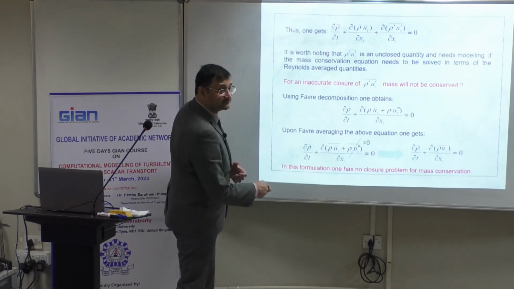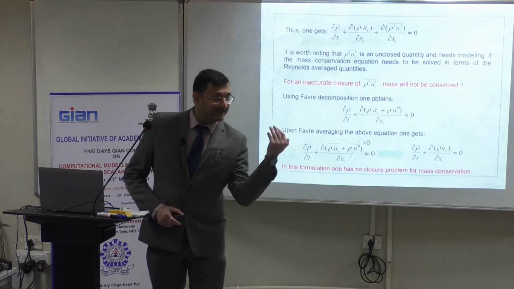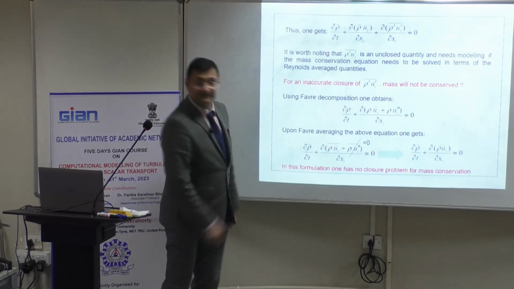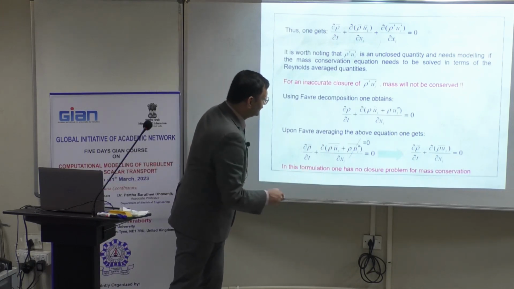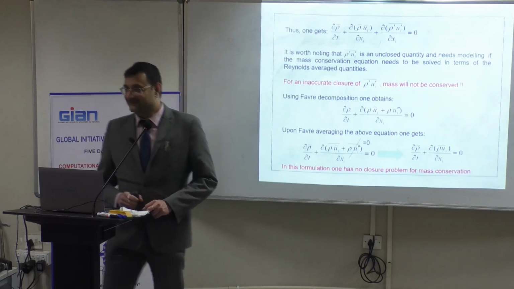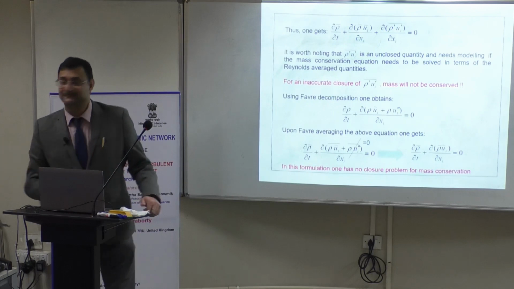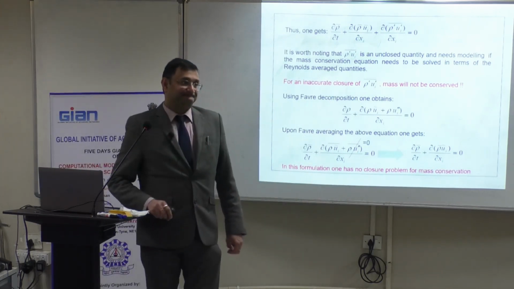Ui tilde is already average, so it is going to come out of the averaging process. You will have rho bar Ui tilde, and you will have an over bar on top of it, but by definition, I showed earlier that the density-weighted Favre fluctuation is 0. So this one goes to 0. You will end up with this.